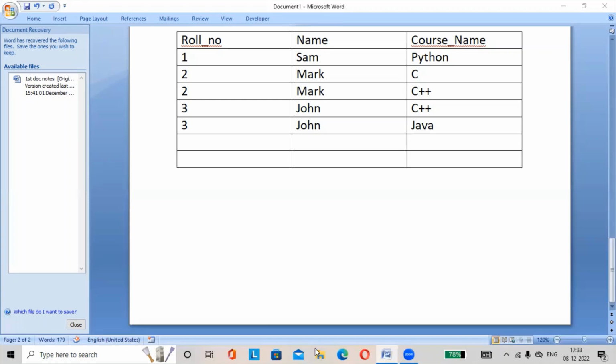Fourth rule: in whichever order the data is stored, it does not matter. Using an SQL query, you can easily fetch or extract the data. Is it clear, everyone? Yes, ma'am. Let us study about second normal form.